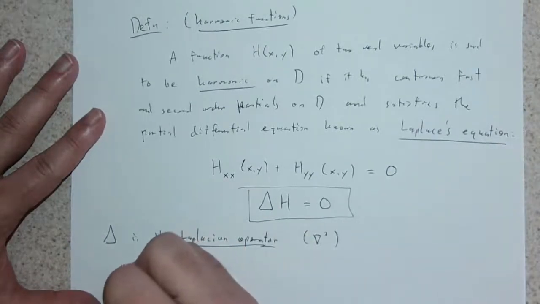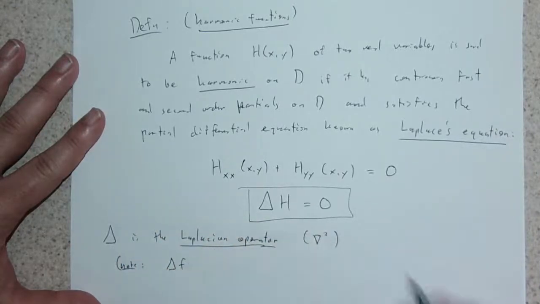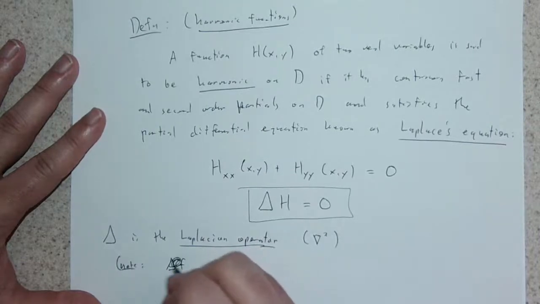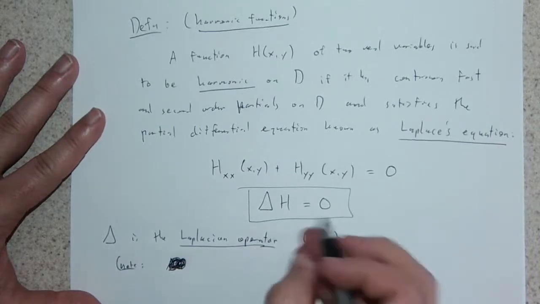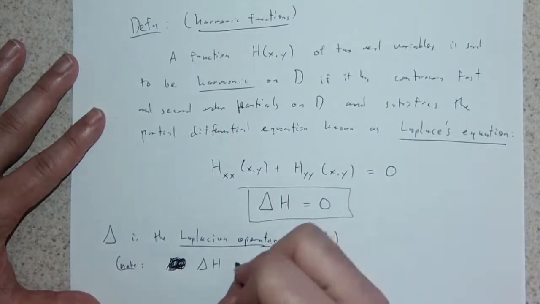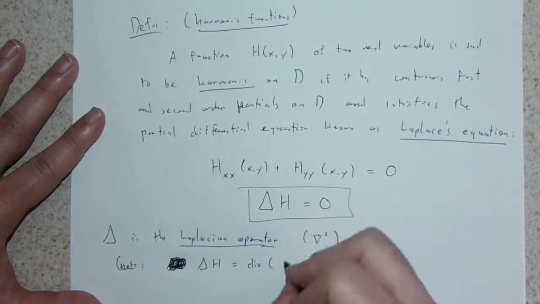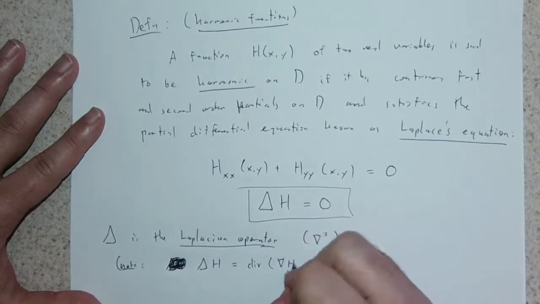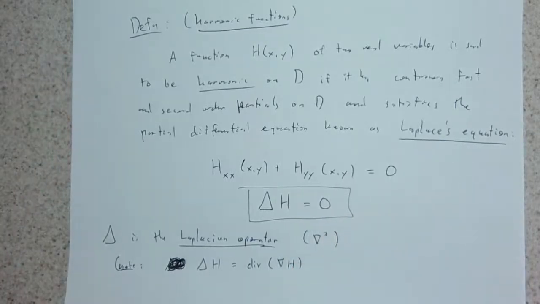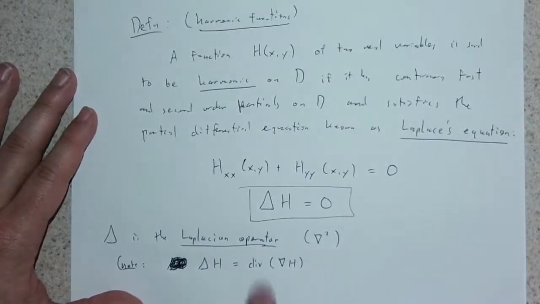So note that, for instance, the Laplacian of, say, a function. Well, I'm using f as a function of a complex variable here, so I won't write that. So notice that delta of h is the same as the divergence of the gradient of h. And if you're using physics notation for the divergence, which is nabla dot, this would be nabla dot nabla h, so nabla squared. That's where this comes from.